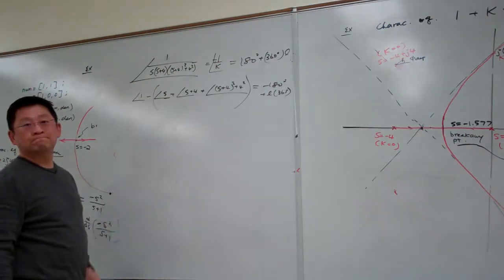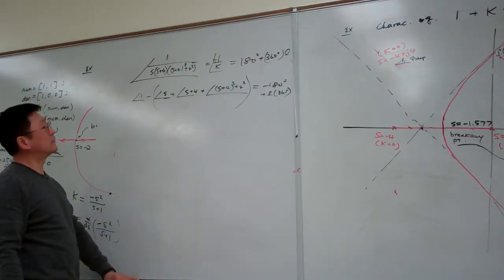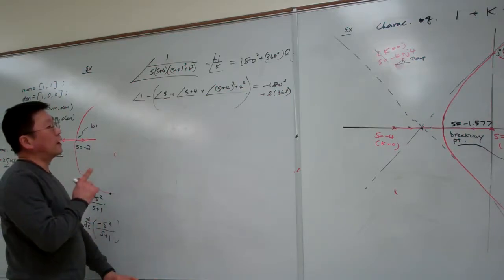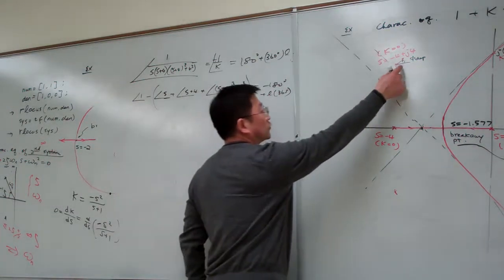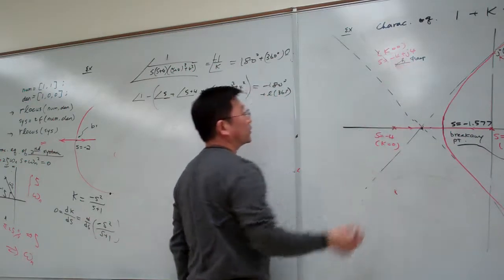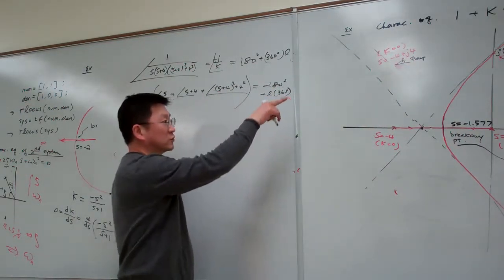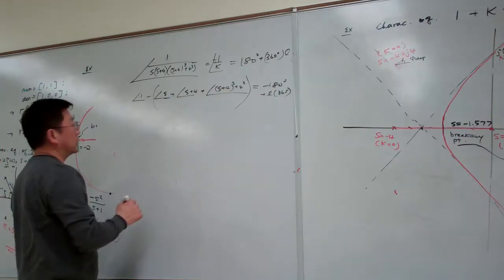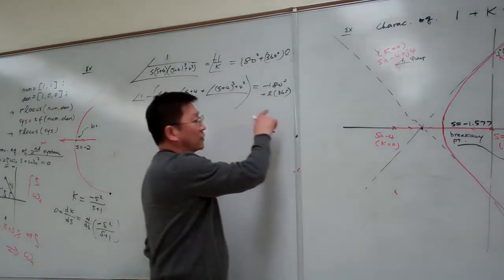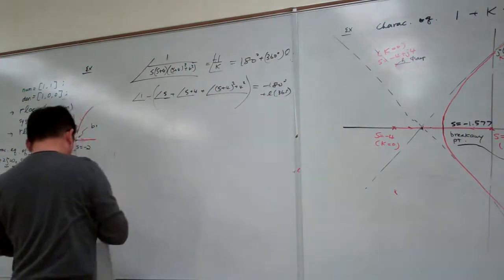So from this one, based upon our drawing here, this is our small test point. The test point very close to that point there. So now for this one, basically this number is 0.